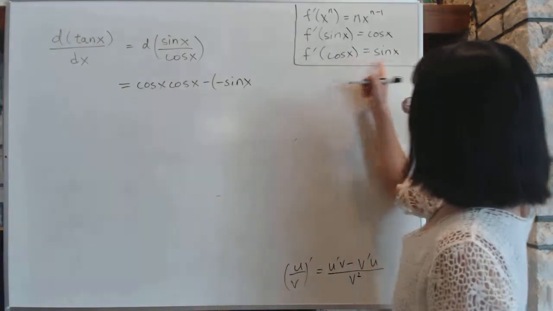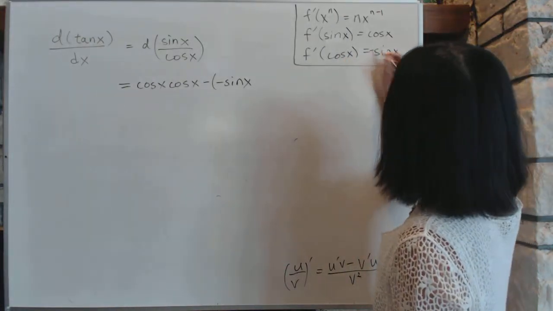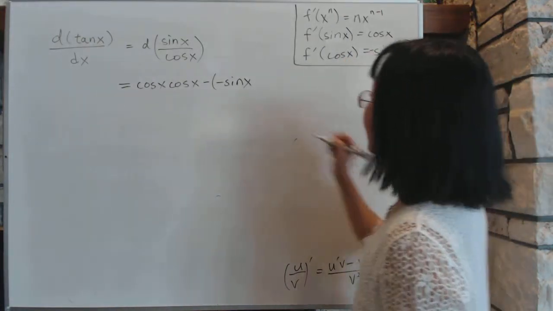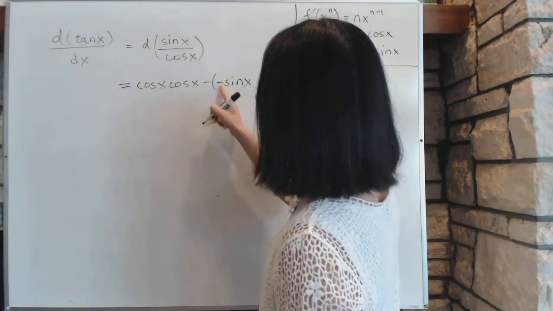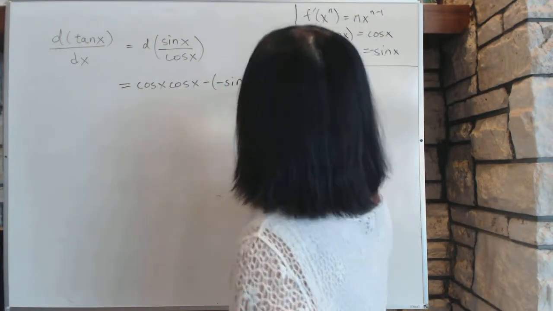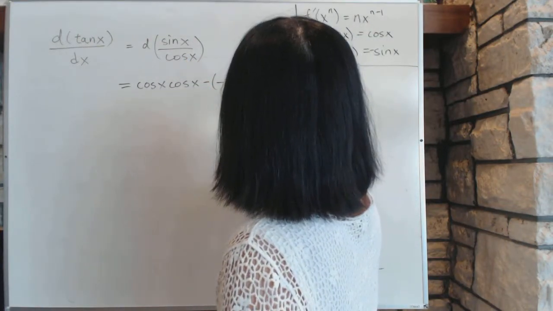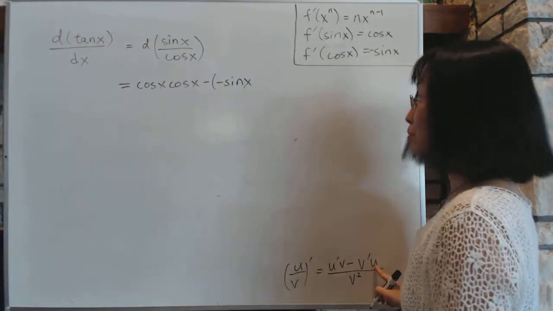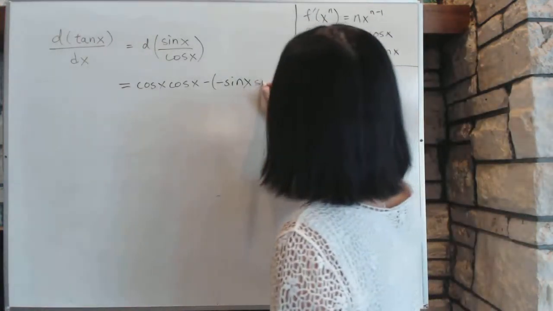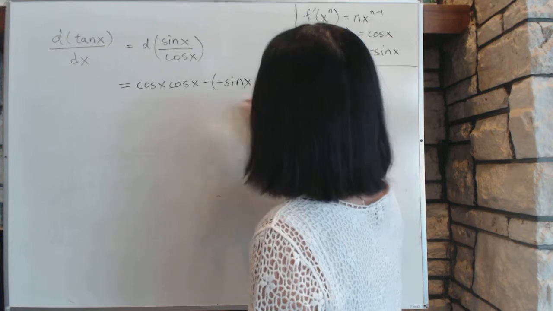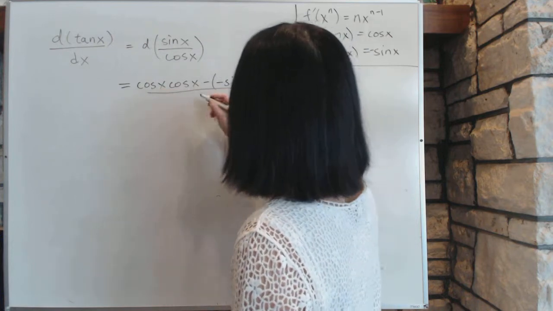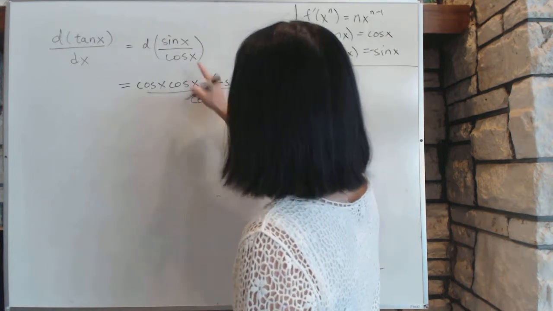The derivative of cosine is minus sine, times the top term, which is u, sine x.